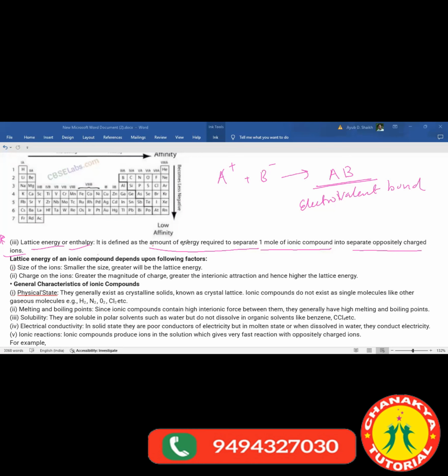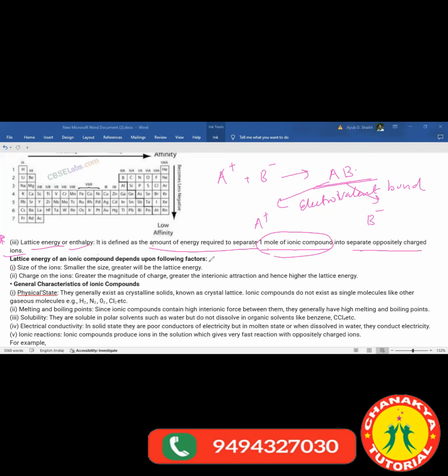It is the amount of energy required to separate 1 mole of ionic compound into separate oppositely charged ions. It means how much energy I would require to separate A and B into their respective ions from 1 mole of the ionic compound. The energy required is called lattice energy or lattice enthalpy.